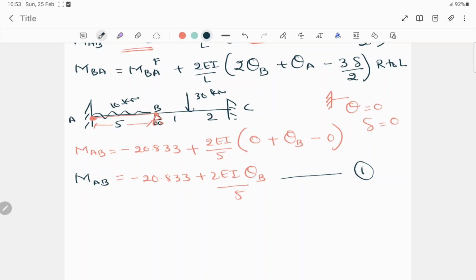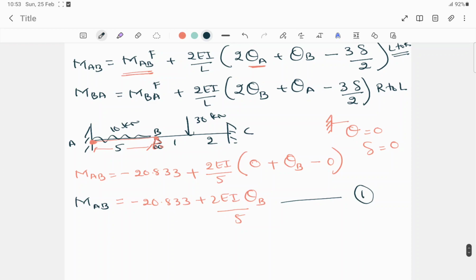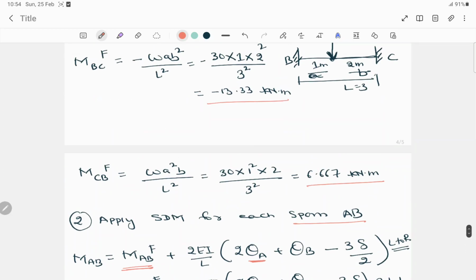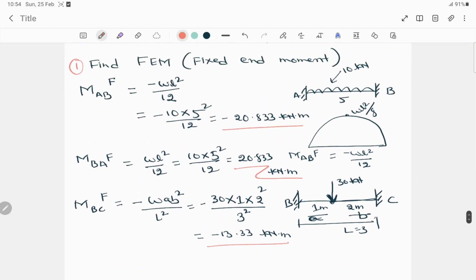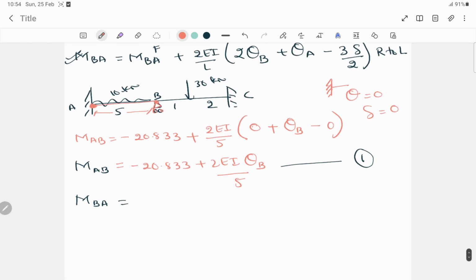Okay, so let's consider it as equation 1 for MAB. Now we have to calculate for MBA. We have already got the value for MBA, right? 20.833 positive.